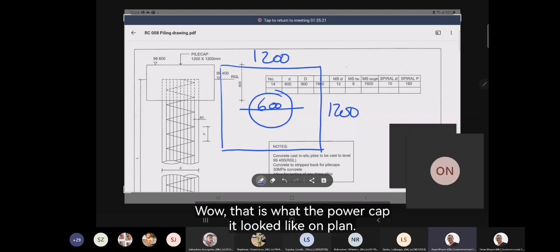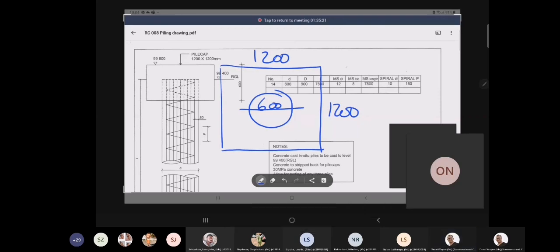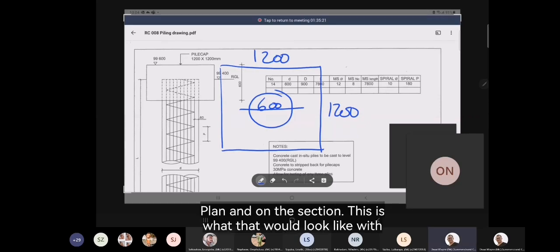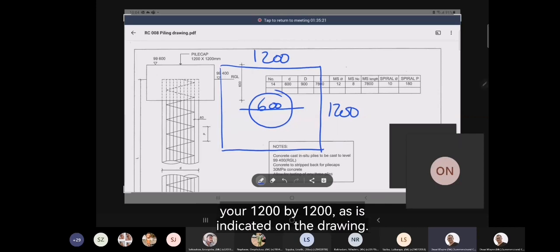Right? That is what the pile cap would look like on plan. In plan and on the section, this is what that would look like with your 1200 by 1200 as is indicated on the drawing there.